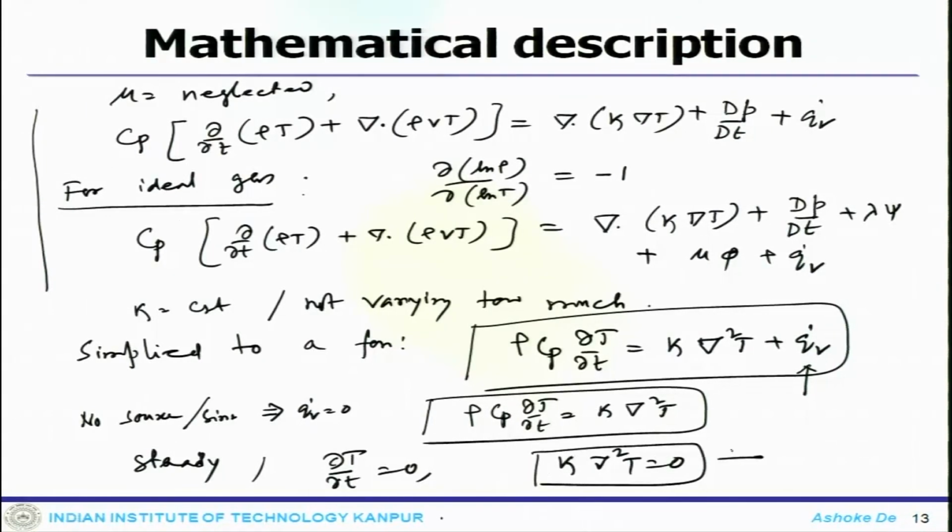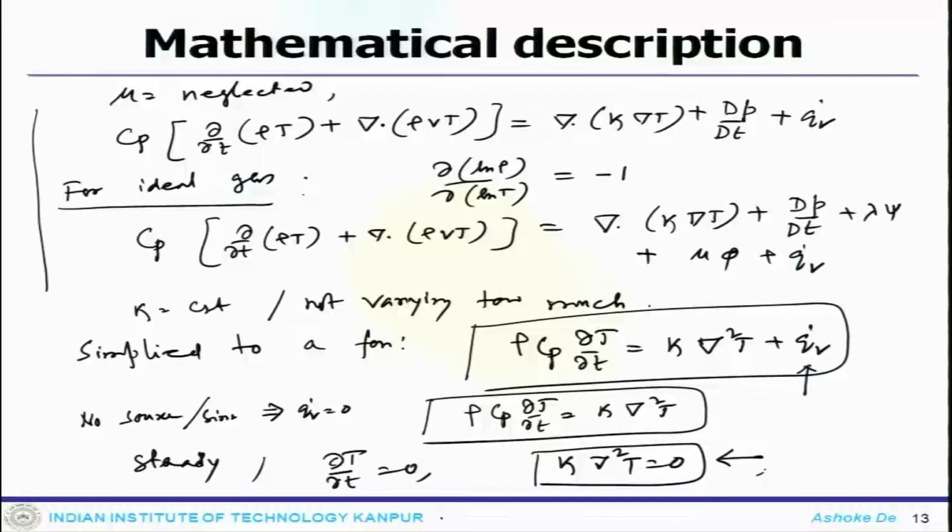So, this becomes the steady diffusion system. This is how the energy equation can be written in multiple forms, starting from total energy, specific internal energy, specific enthalpy, or temperature. Depending on the situation, you can simplify the form down to a particular system. We will stop here, and in the next lecture we will take up from here and see how the equations can be looked at in a more generic form. Thank you.